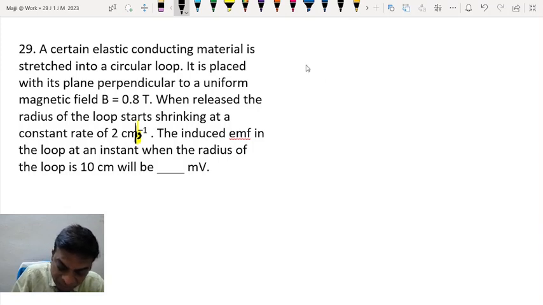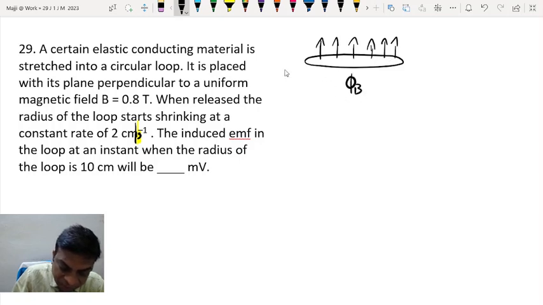So this is the loop, let us say the field is perpendicular to the plane of the loop. So the magnetic flux linked at any instant will be A into B into cos 0. Remember, the angle between the area vector and the magnetic field is 0.